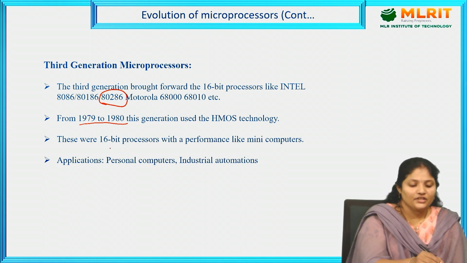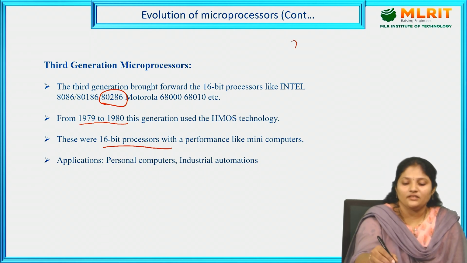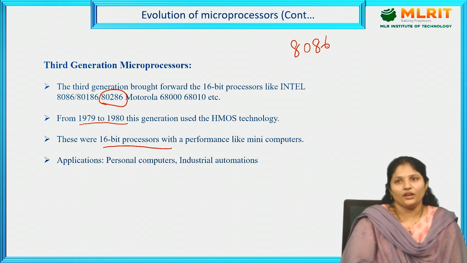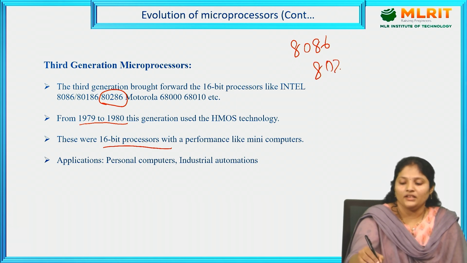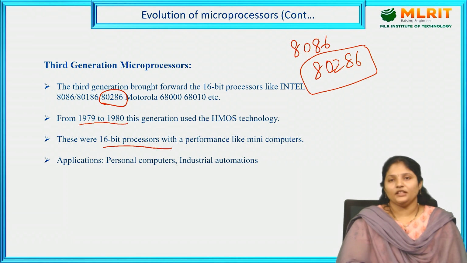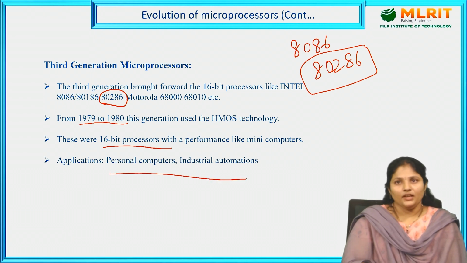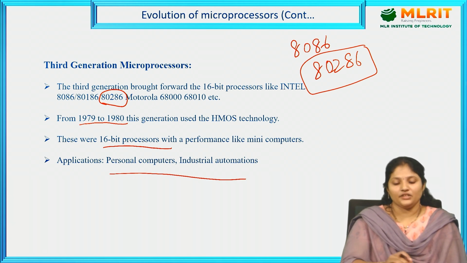Basically, third generation microprocessors are always 16-bit microprocessors. The best examples are another commercially successful microprocessor, the 8086, and the 80286, another benchmark of Intel Corporation. These are basically used in personal computers, microcomputers also, and industrial automation was done in this third generation only.